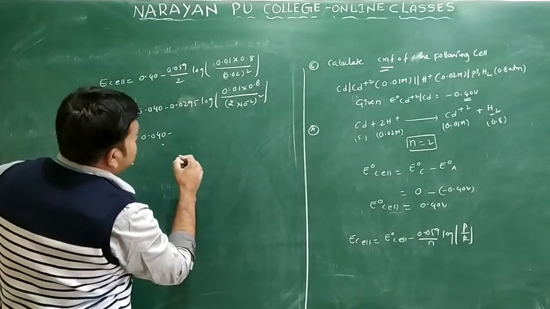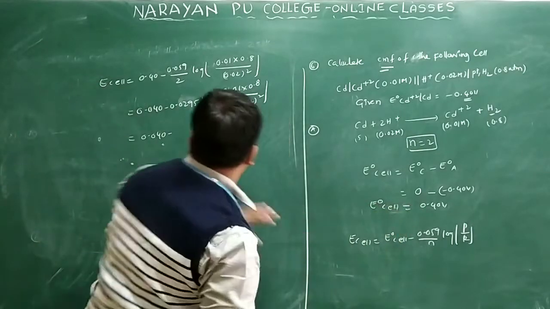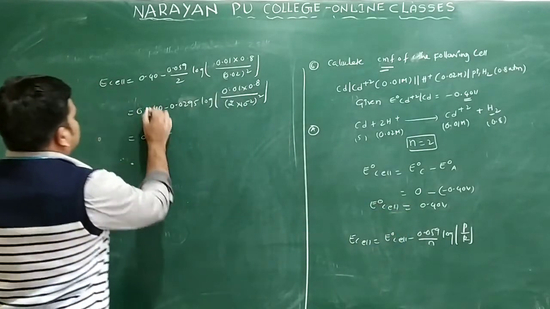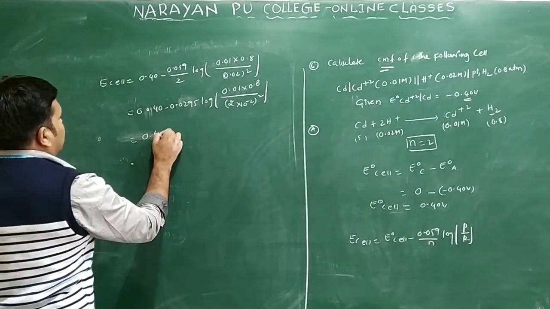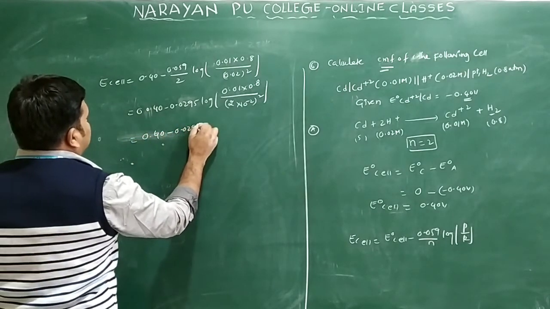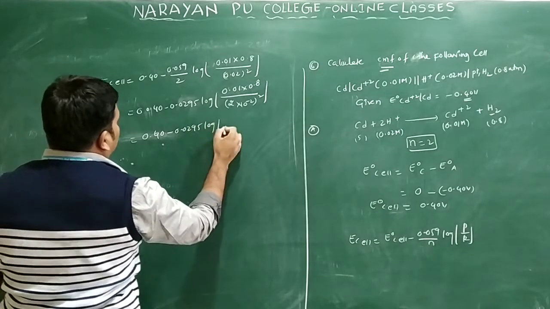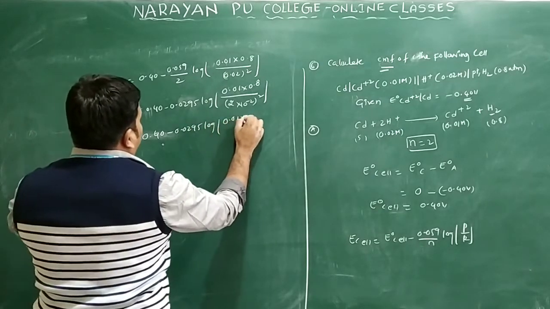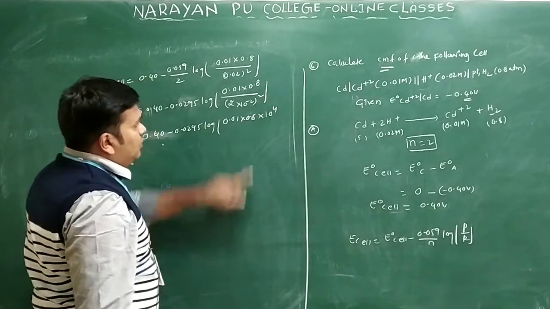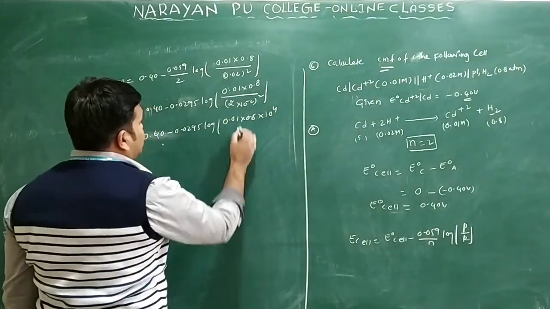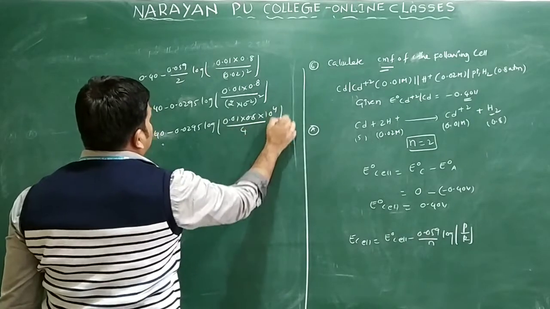0.40 minus 0.0295 into log of 0.01 into 0.8 into 10 power 4 only. Minus 2 becomes 10 power minus 4, you change that one, and 2 square means you will get 4 only.